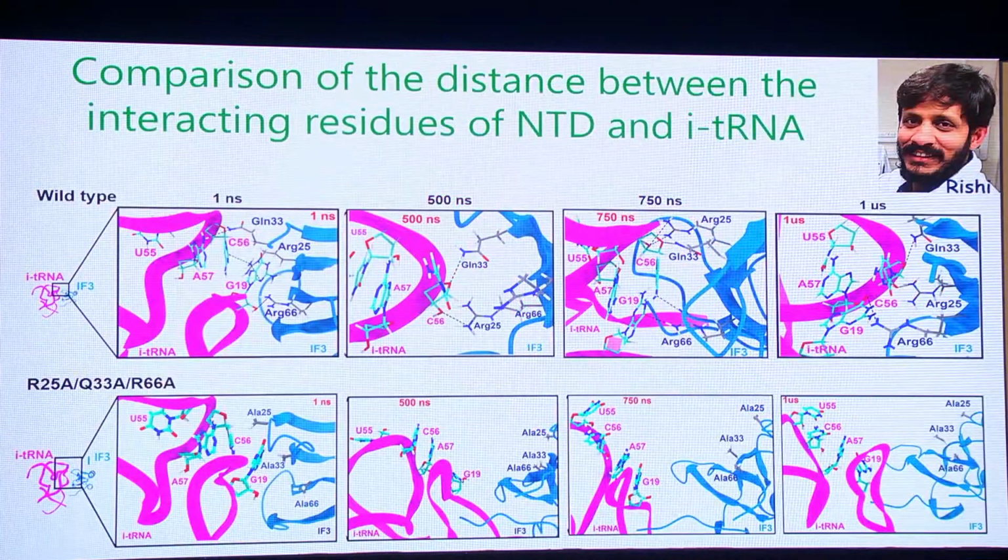And Rishi from Tanveer's lab actually showed that if you mutate these 3 amino acids, the interaction between the elbow region and initiation factor 3 will be disrupted. This is done with simulations up to 1 microsecond, which is actually quite a lot. But in the case of wild type, the stability is there.